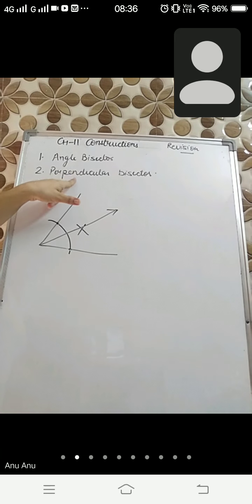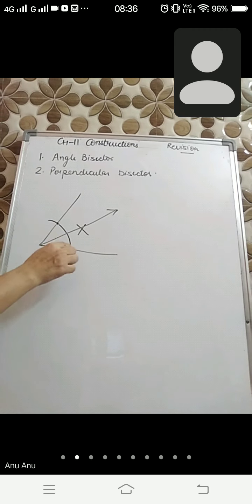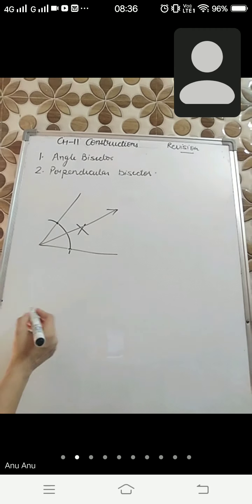Now next, what is a perpendicular bisector? In case of an angle, if you divide the angle into two parts, it is known as the angle bisector. But the perpendicular bisector is for a line.